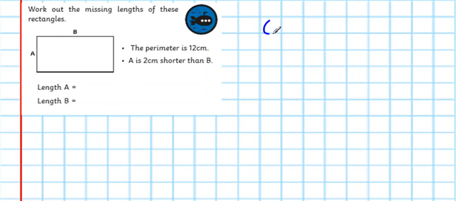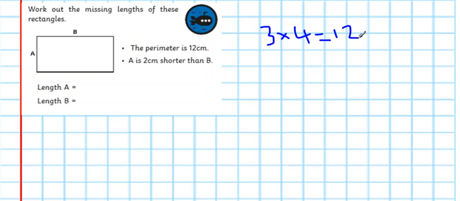So if it was a square, I could have had 6 times 4, couldn't I? Sorry, no I couldn't. If it was a square and my perimeter was 12, I could have had 3 times 4, couldn't I? So all of my sides could have been 3, okay? Because it's a rectangle, that's not possible.